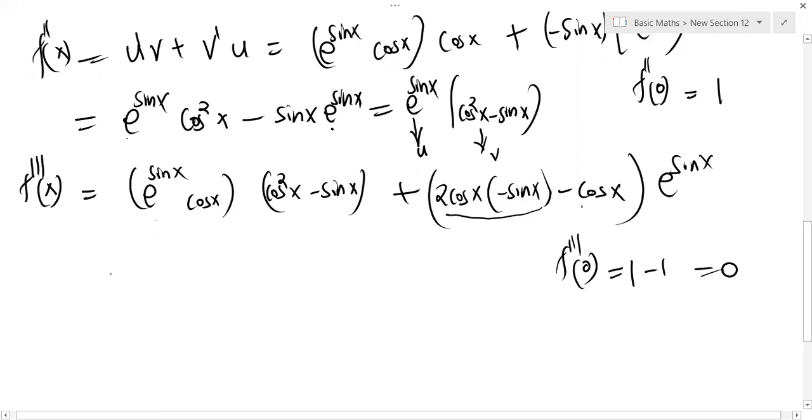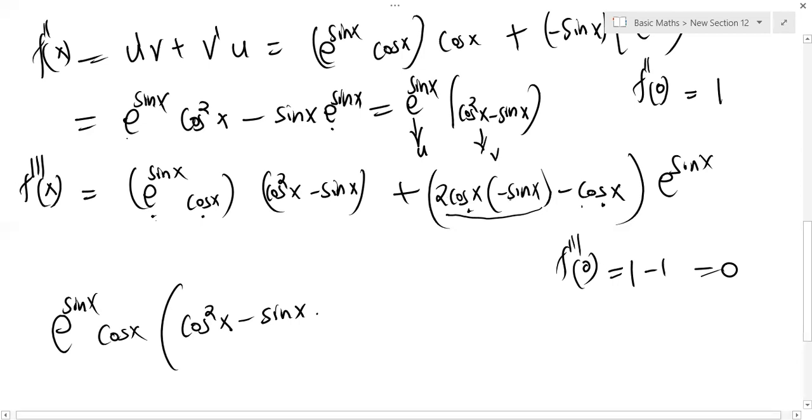What's common here? I have exponential sin x and cos x on both sides. So I can write this as exponential sin x cos x. If I factor that out, what do I remain with? I have cos squared x minus sin x, and on this other end, I have a minus, because I've factored out the cos x.